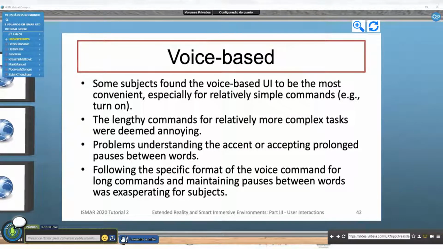There are of course issues regarding accent, different speed, or pausing between the words, and doing that for a prolonged period of time can be annoying, challenging, or tiring for subjects.